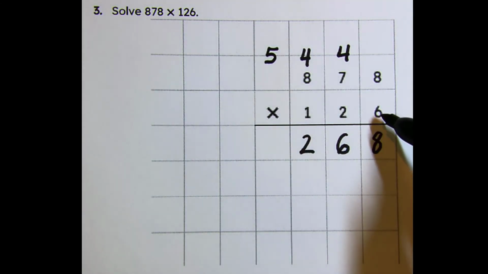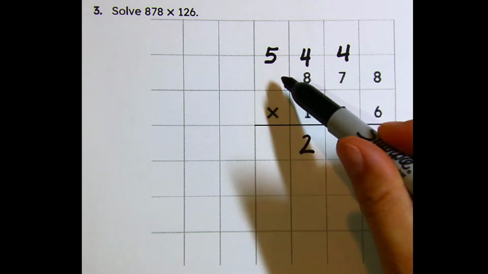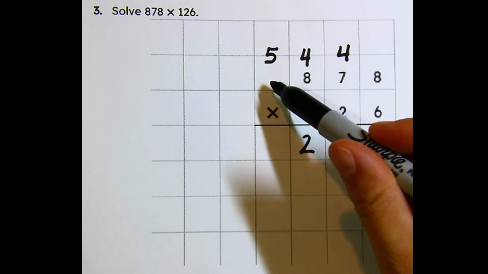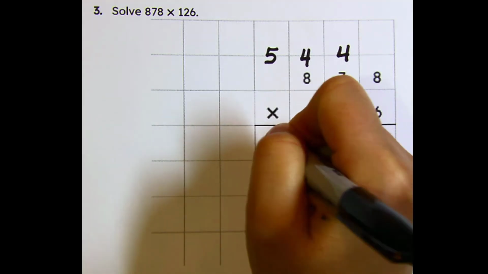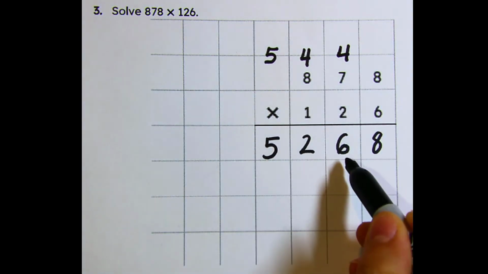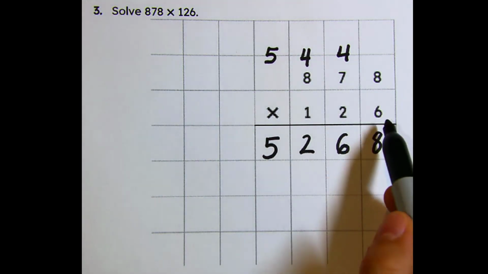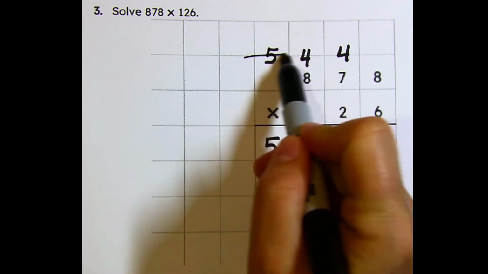I notice when I go to multiply, there's nothing here. 6 times nothing is 0 thousands, plus that 5 that I bring down gives me 5,268. So I multiplied 878 by 6.